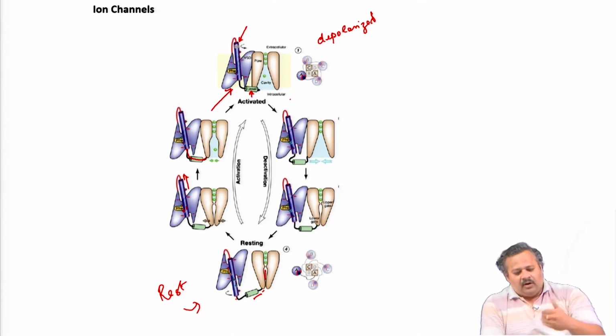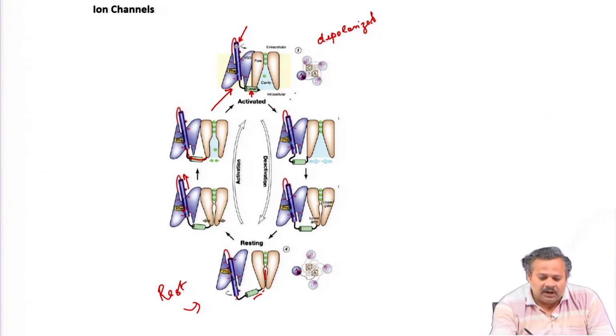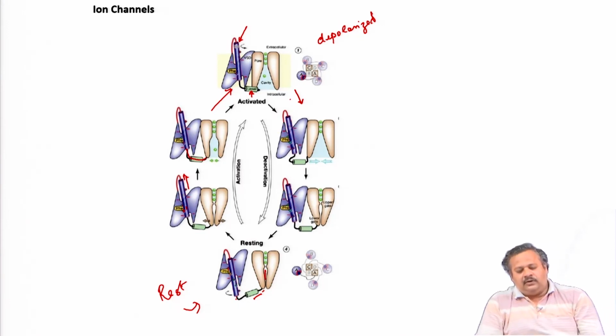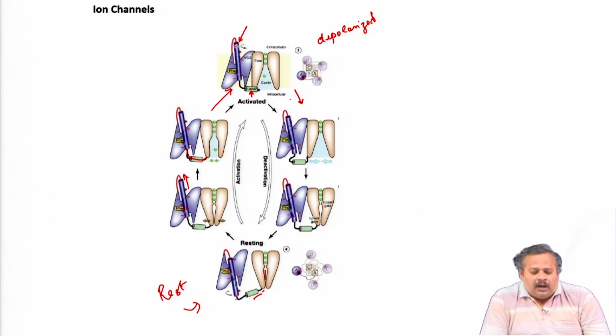Then again the opposite movement would occur if we now reduce the voltage and go towards lower and lower, and then back to the resting membrane potential, or even lower when the ion channel is closed.